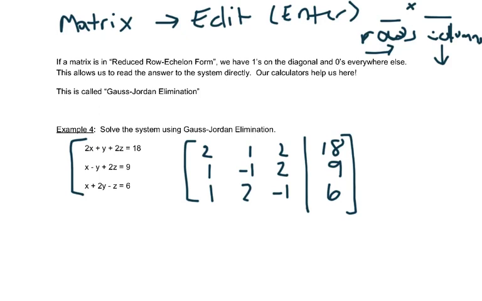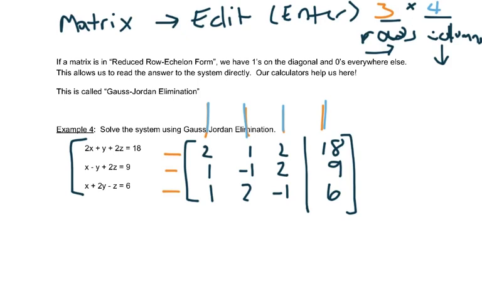So in this system, we have 3 rows. So we put 3 in this first spot and then hit enter. And then there's 4 columns. So we put 4 in the second blank and then hit enter.